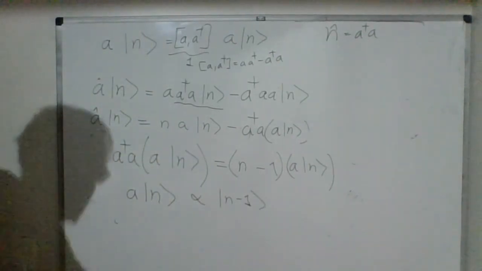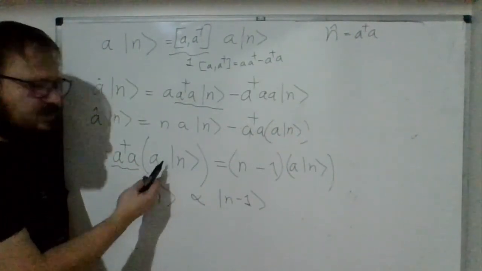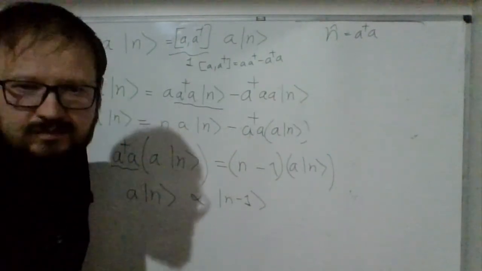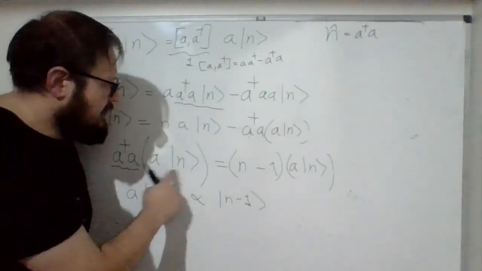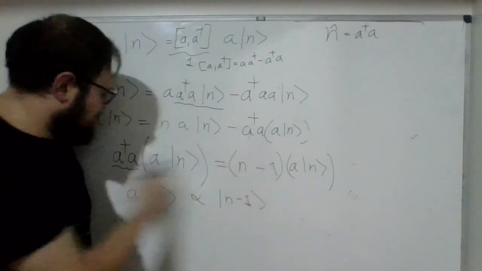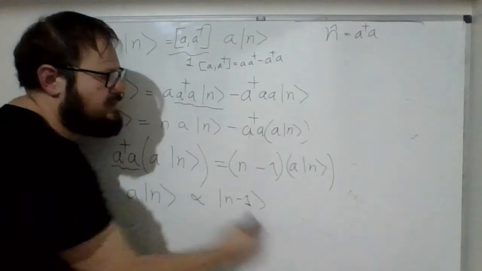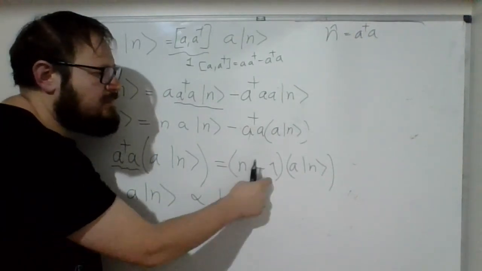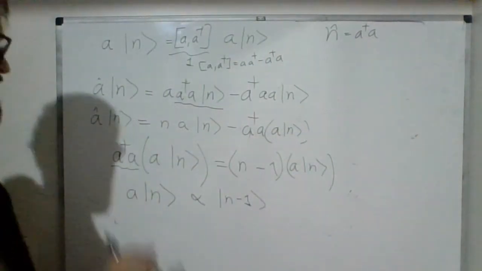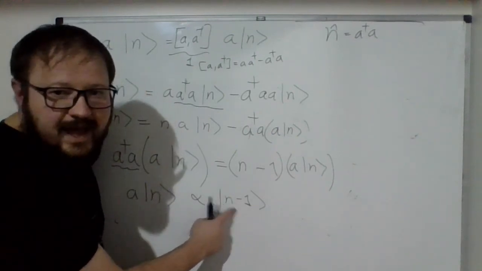Why is that? Because when you apply the number operator to a state constructed that way, the annihilation operator applied to n produces an eigenstate of number, because it repeats itself here as an eigenvector, but with eigenvalue n minus 1. And this is also an integer, and this is the eigenvector corresponding to n minus 1.